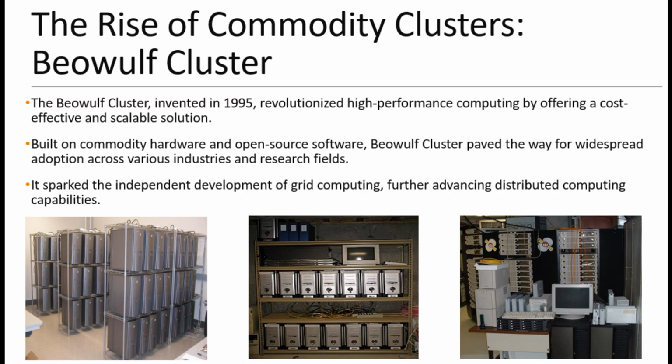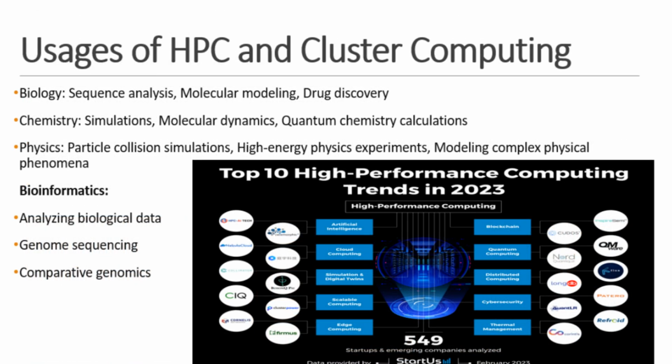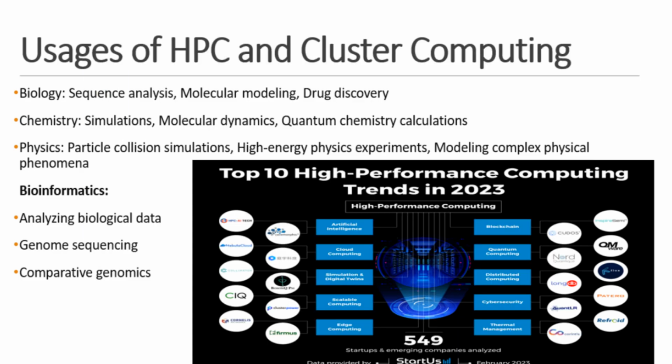Now, since clusters offer a great deal of advantages, they have incredible usage in different industries across the world. We can talk about domains that include scientific research in biology, chemistry, physics.